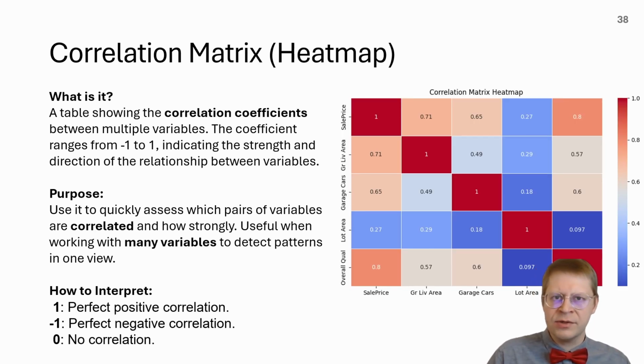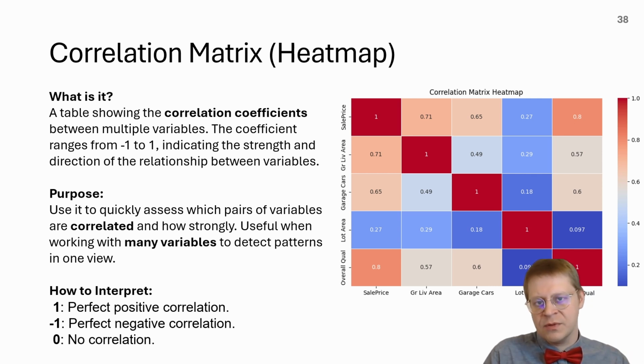A correlation matrix provides a bird's eye view of the correlations and relationships between multiple variables at once. This table shows the correlation coefficients, and the coefficient ranges from -1 to 1, indicating the strength and direction of the relationship between variables.